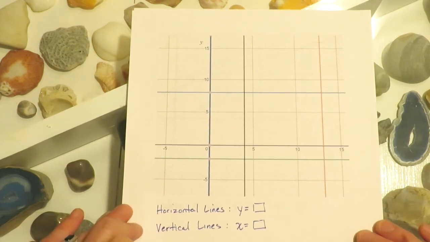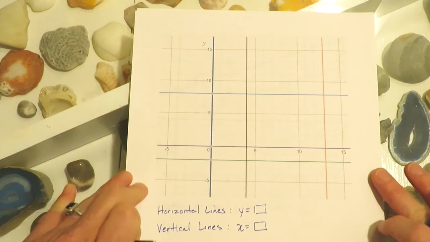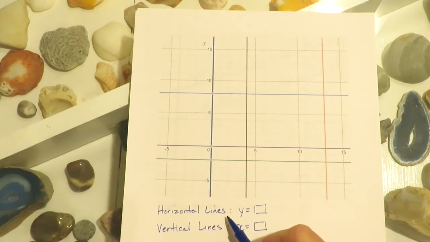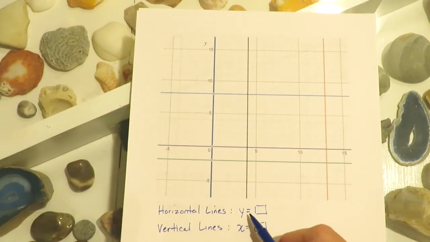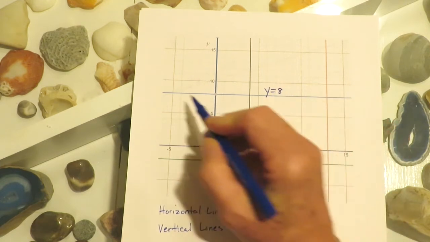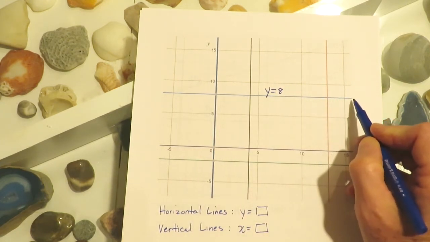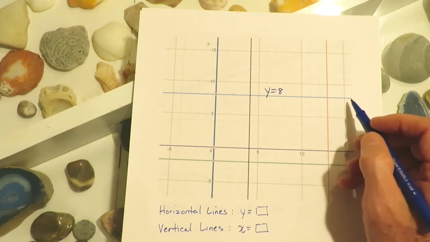If you have horizontal and vertical lines, there's not a whole lot of work in finding their equations. A horizontal line is horizontal because y is always the same thing. So for example here, we have y equals 8. On this line, y is always 8, so that's the equation. Notice the slope is 0.